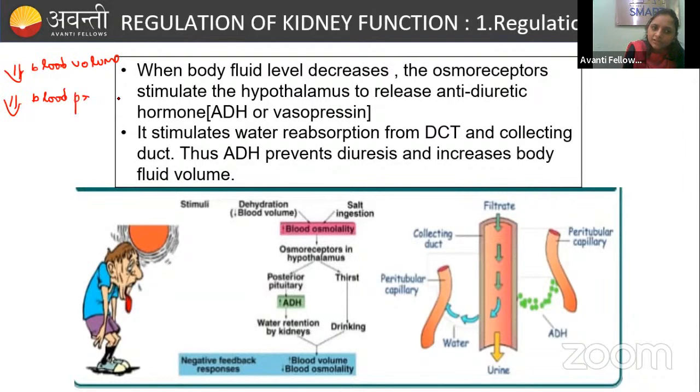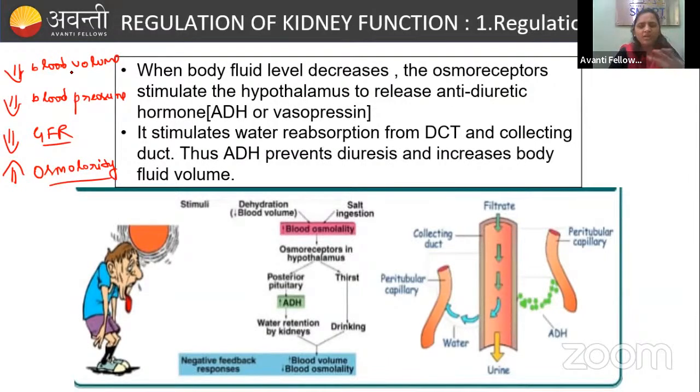Blood pressure is going to be decreased, right? And it will lead to a decreased glomerular filtration rate. And due to all this, there is increased osmolarity, right?